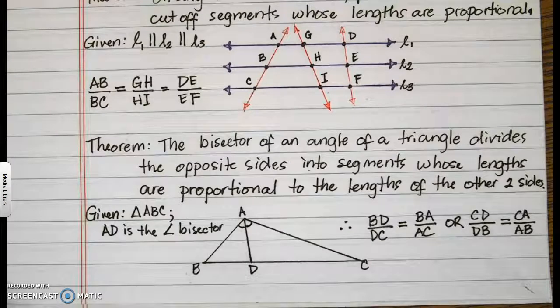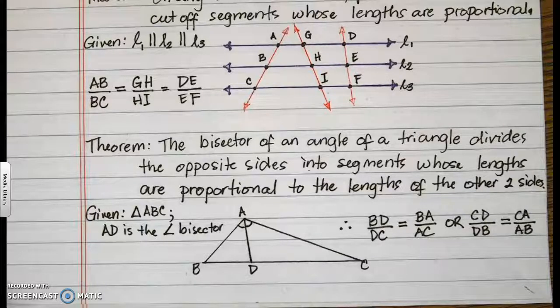So the last theorem for our segments that are divided proportionally states this. The bisector of an angle of a triangle divides the opposite side into segments whose lengths are proportional to the lengths of the other two sides. So what does this mean?